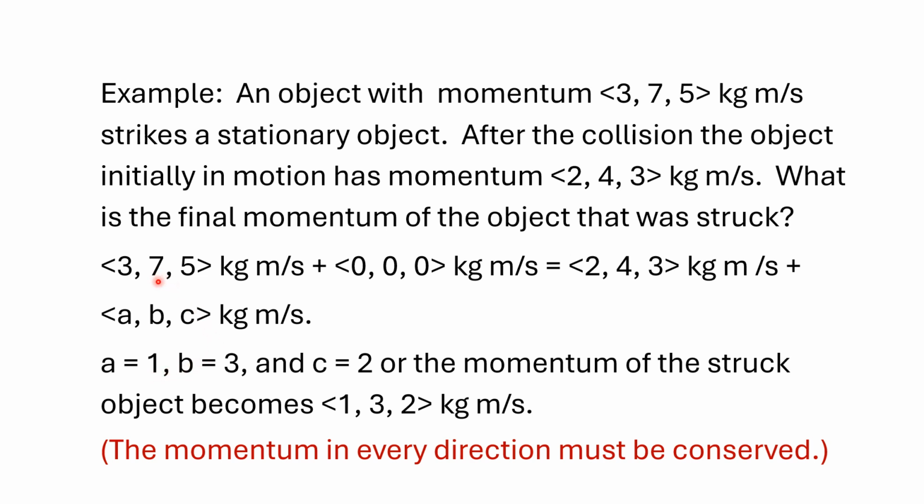The y direction, 7 plus 0 equals 4 plus b, is satisfied when b is 3. In the third direction, 5 plus 0 equals 3 plus c gives us c equals 2. Or the momentum of the struck object becomes 1, 3, 2 kilogram meters per second.